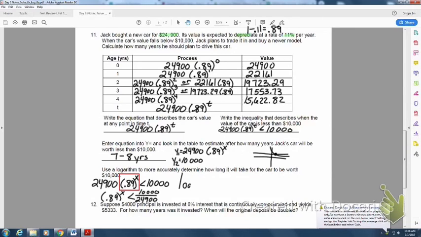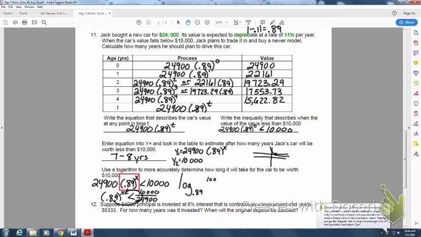So I've got log. What is my base? What's the base of the exponent? If this is my exponent, what is the base? 0.89. Just fishhooking this. Okay, so log base 0.89 of, and I would just keep that as a fraction.